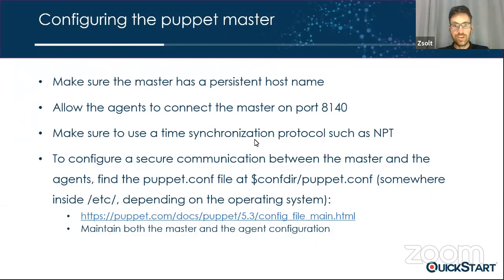Because if not, there might be some past and future interpretations where you might have clashes in the computer. In a distributed system, clock synchronization is very important in general, and for that there is a protocol that we can install. On top of that, go to the puppet.conf for the details. It's in your configuration directory.